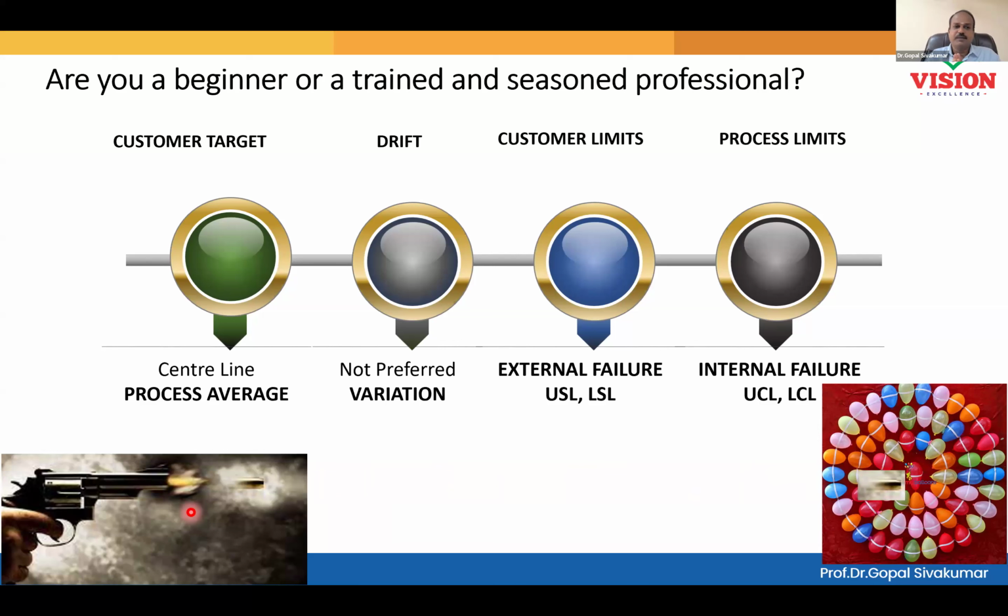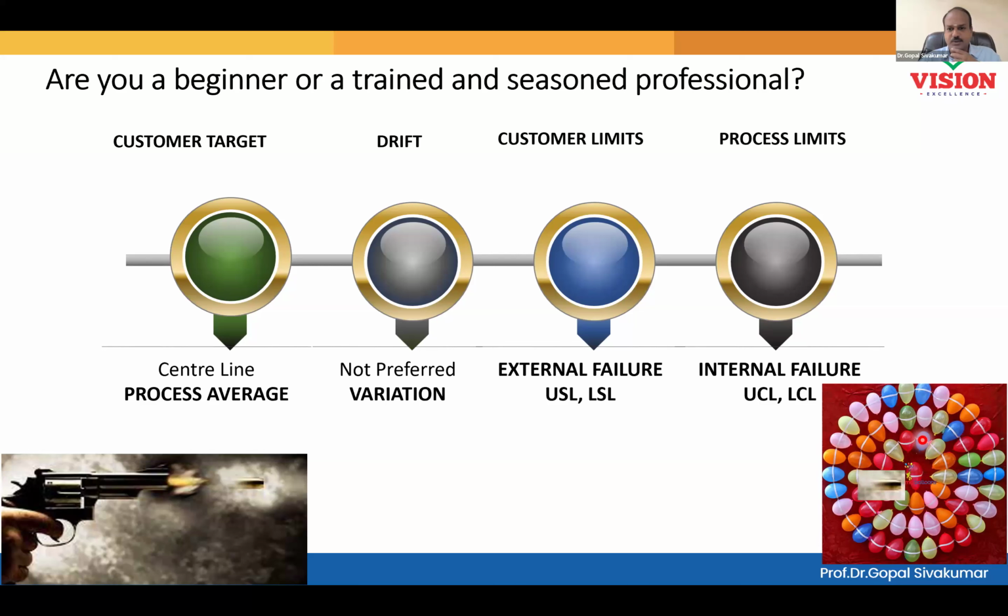Yes or no? Suppose by looking at the conditions, if you lose control, then what will happen? Your bullets will start slipping away from the center. Yes or no? If you are a poor controller of the process, your bullets, instead of hitting the target, may start hitting the balloons in the first circle.